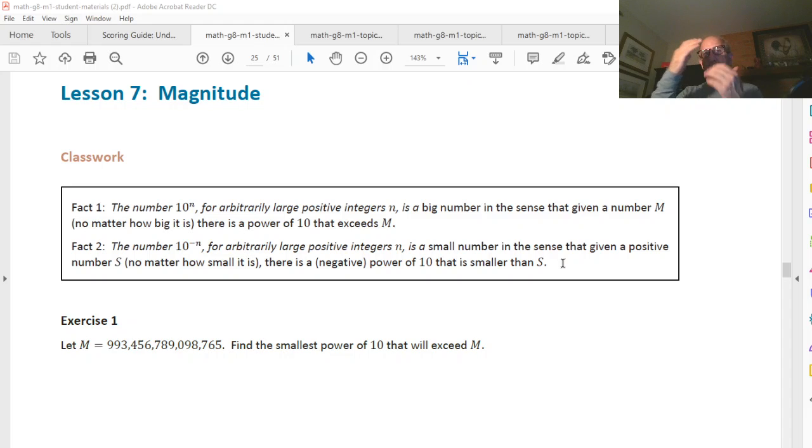So if you have 1 over 95, then 10 to the negative 2 would be 1 over 100, which would be smaller than 1 over 95. If you had 1 over 3,892, then 10 to the negative 4 would be 1 over 10,000, which would be smaller than 1 over 3,892.